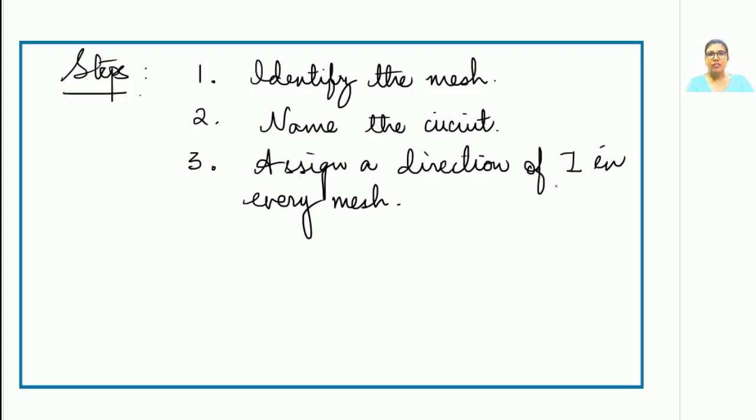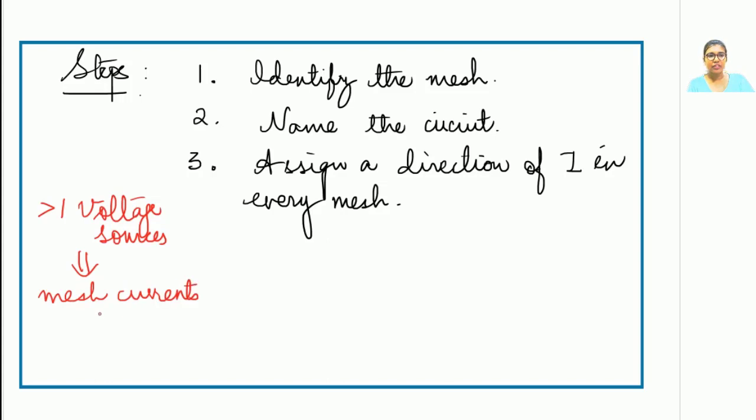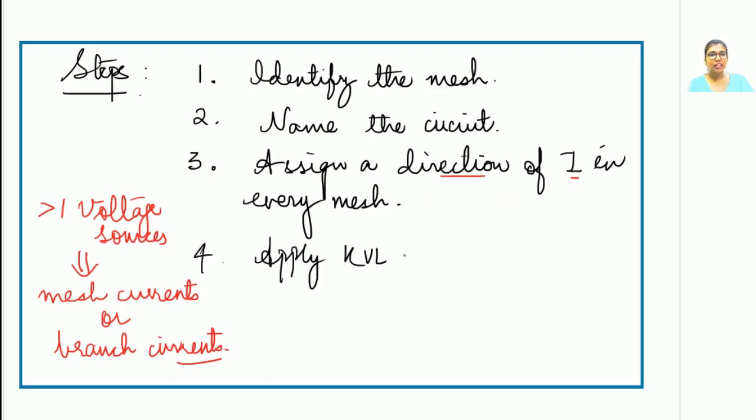Because in mesh analysis one has to encounter more than one voltage source, and one has to figure out the mesh currents or the branch currents in the circuit. So in order to figure out the mesh currents or the branch currents, you have to assign the direction of current in every mesh. The fourth step is apply KVL in each mesh.